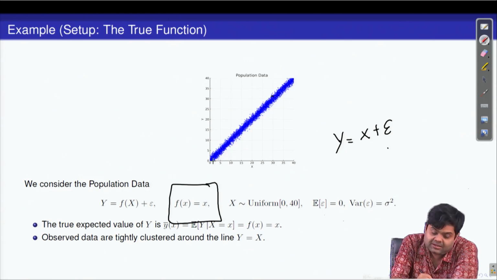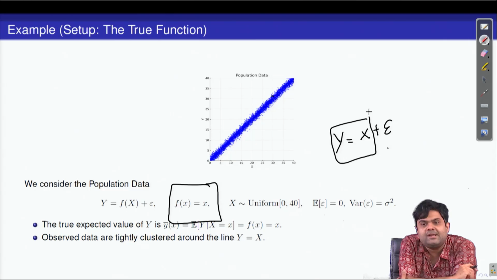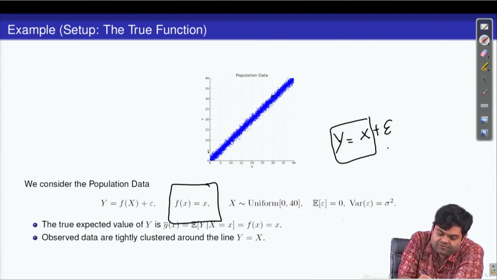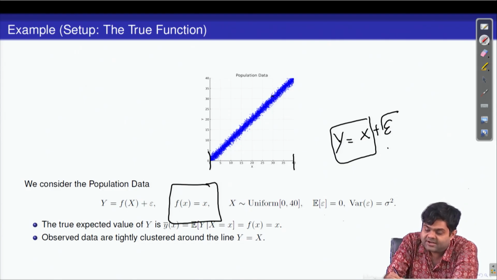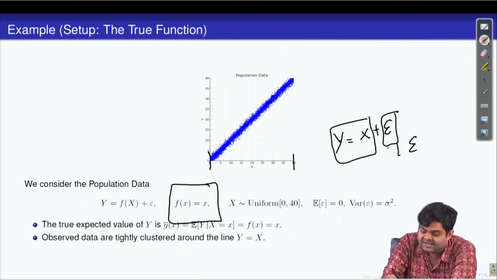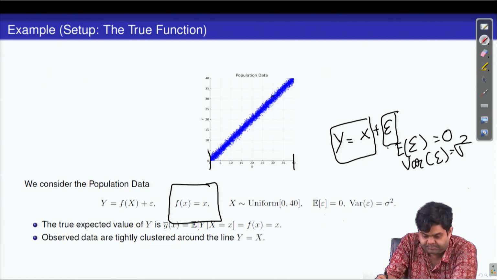Let us say the y equal to x curve moderately describes the population. Your x is a random variable which varies uniformly between 0 and 40. For this epsilon, you further have the assumption that epsilon has expected value 0 and a constant finite variance sigma square.